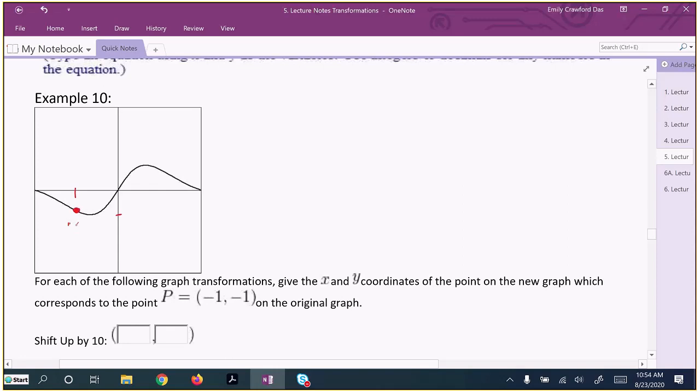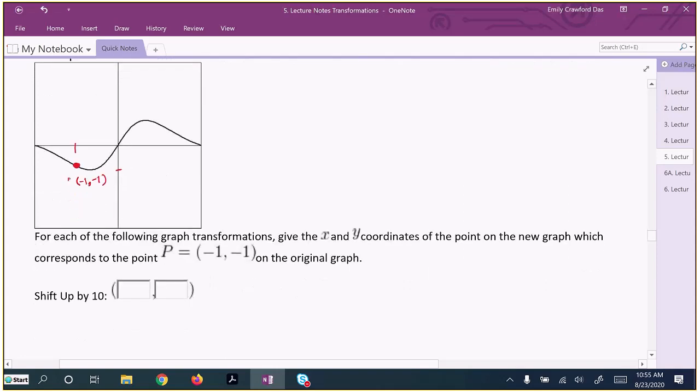So here's the point P, -1, -1. And we're going to transform this graph in a few different ways and see how this affects the point P.